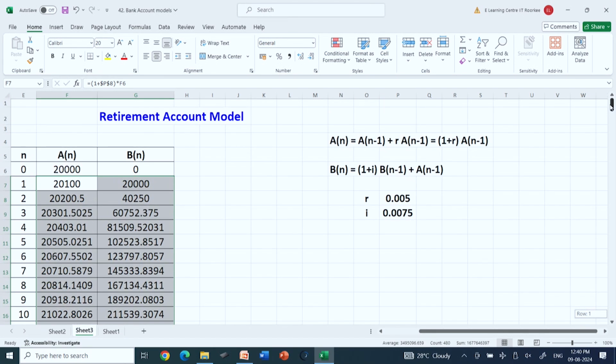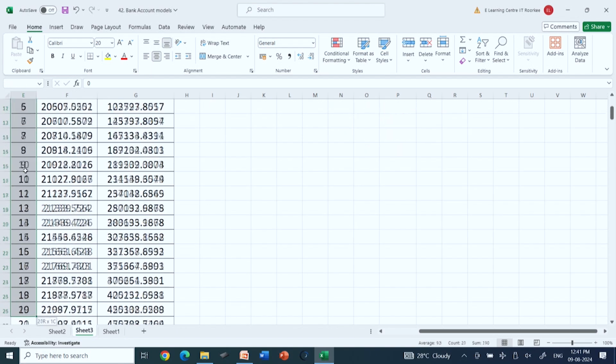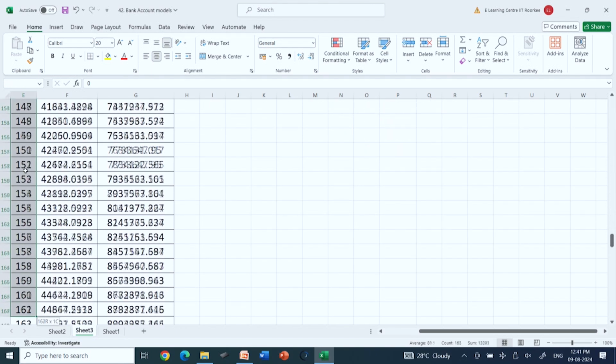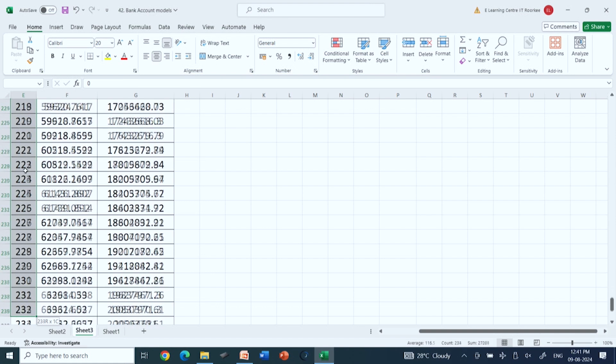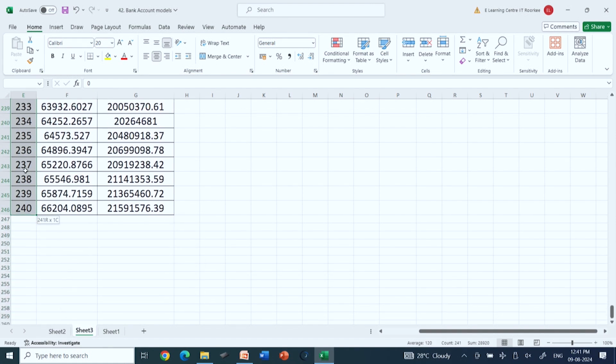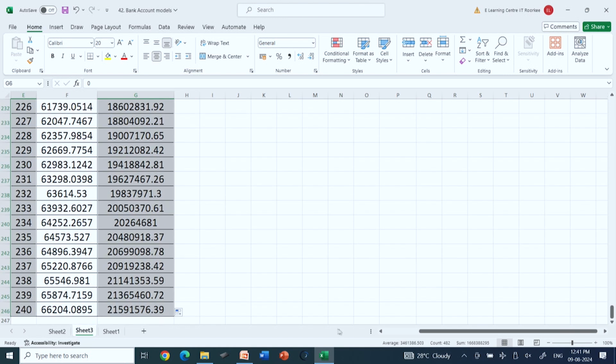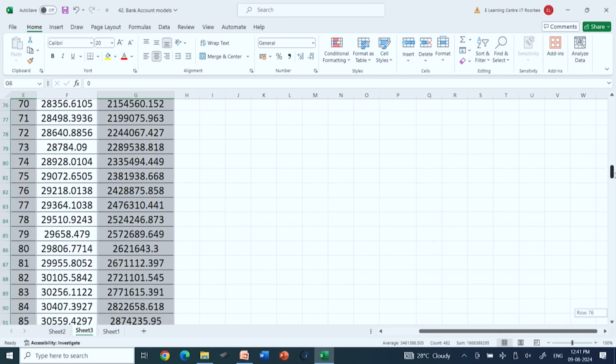If we want to plot this, I want to see what is the balance. Basically, I want to see this Bn. So, I will highlight this first, up to 240 values. And then I will take the third column. So, I press Control, I click this, then press Shift and the down cursor, so it will choose all the 240 values.